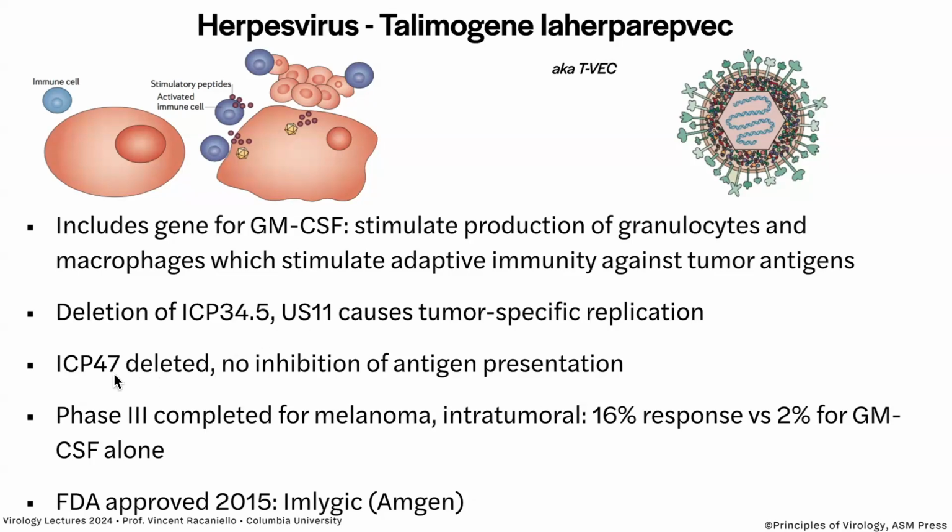And then another viral gene, ICP47, is deleted. The product of that gene inhibits antigen presentation. And so this removes that, so there's no inhibition of antigen presentation. And so CTLs can kill the tumor cells. And so this is approved for treatment of melanoma.